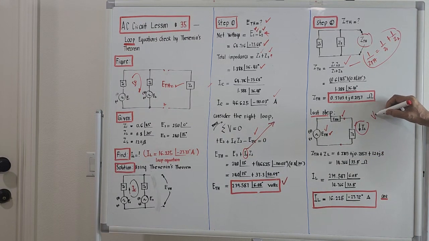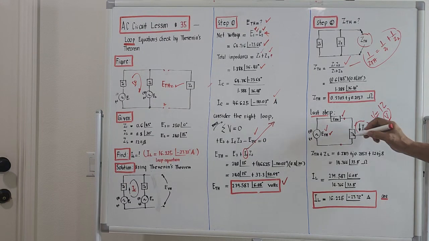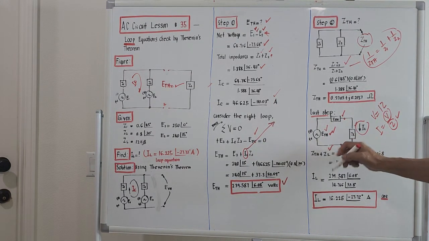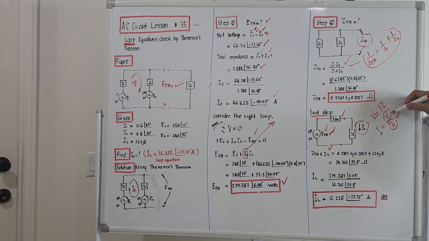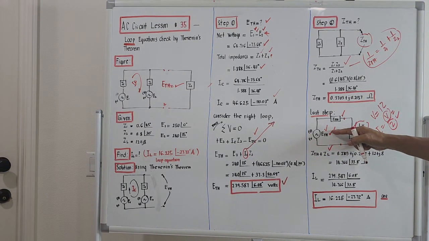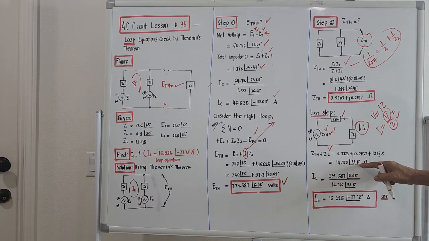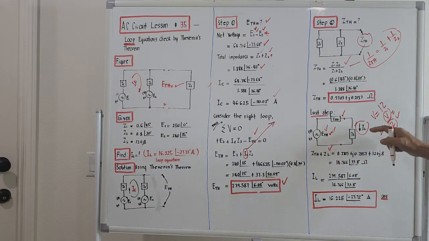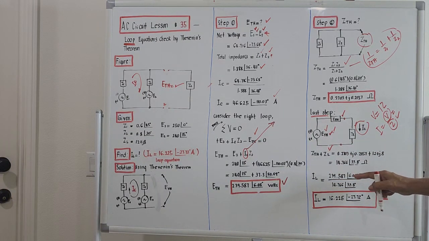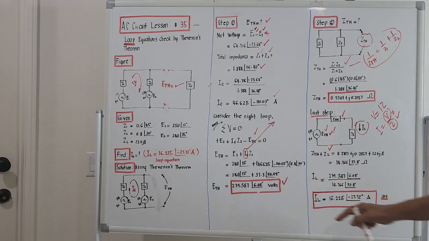Using the equation current equal to voltage over Z, this voltage here is the open circuit voltage, and this here is the sum of CTH plus CL. So IL now will be 239 over 14.766, take the angle 6.08 over 33.8.